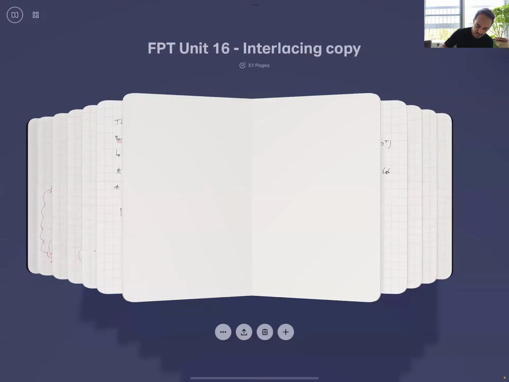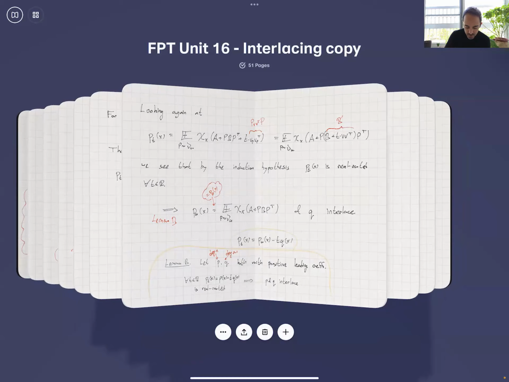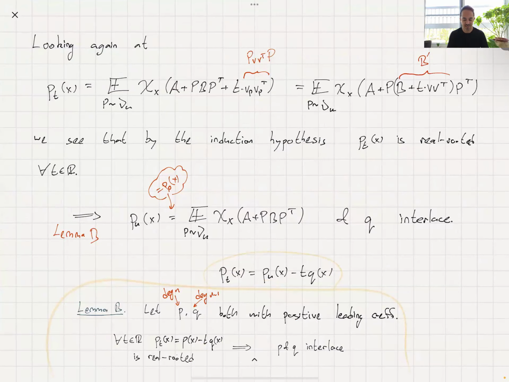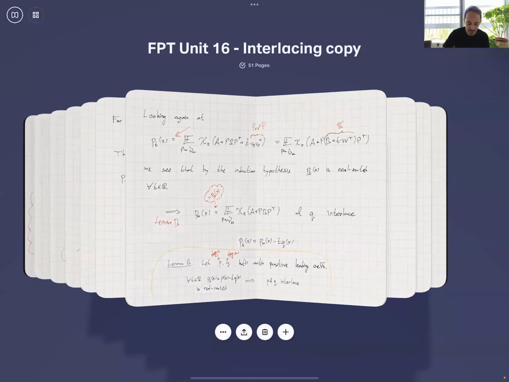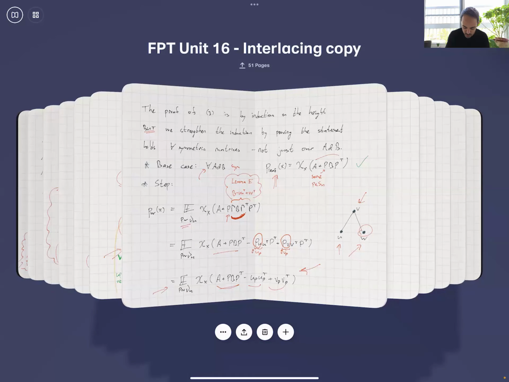Good. So why did we do that? So let's look at PT of X again. And here, this is PT of X when we started developing it before. I stopped here.